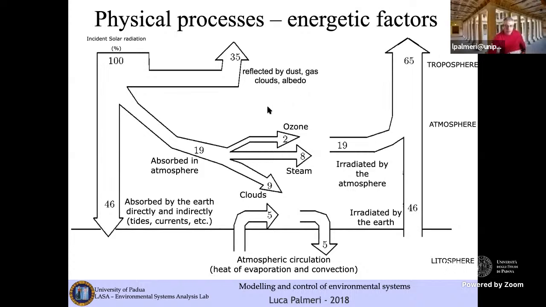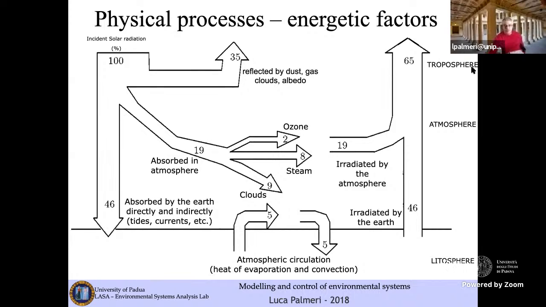So we have seen that this energy transfer from the sun is in balance on the surface of the planet, meaning that taking away the part reflected by dust, gas, clouds, and albedo, then there is a part that is absorbed in the atmosphere, and all the rest is absorbed by the Earth directly and indirectly, generating tides and currents. The point is that all this energy balance is in equilibrium.